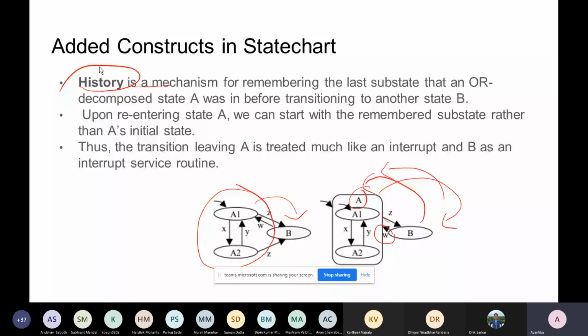But in some other examples, you hold the last substate where you left that master state, and whenever you go back to that part, you start again from there. Okay. So this may be required.